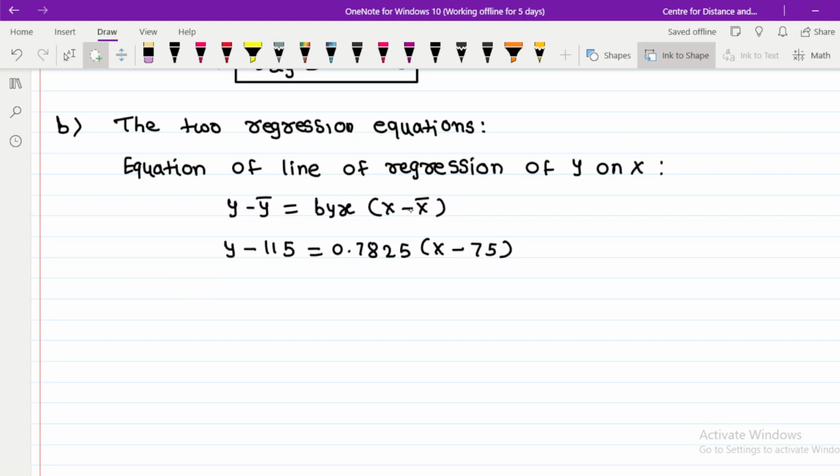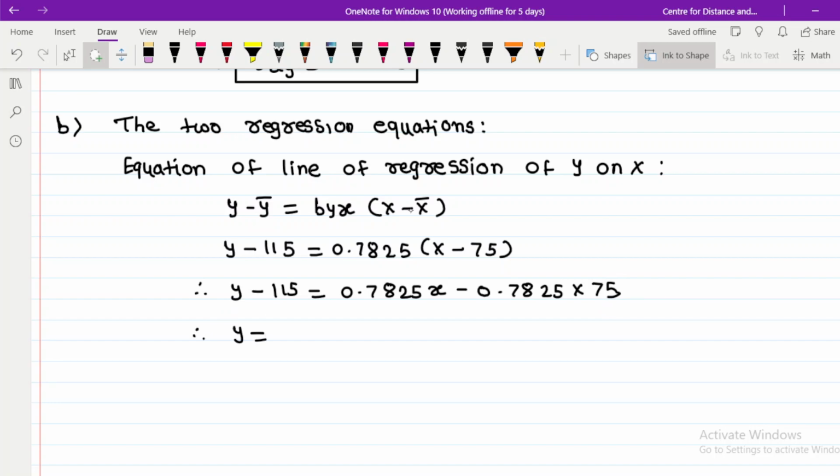Therefore, y minus 115 is equal to 0.7825x minus 0.7825 into 75.